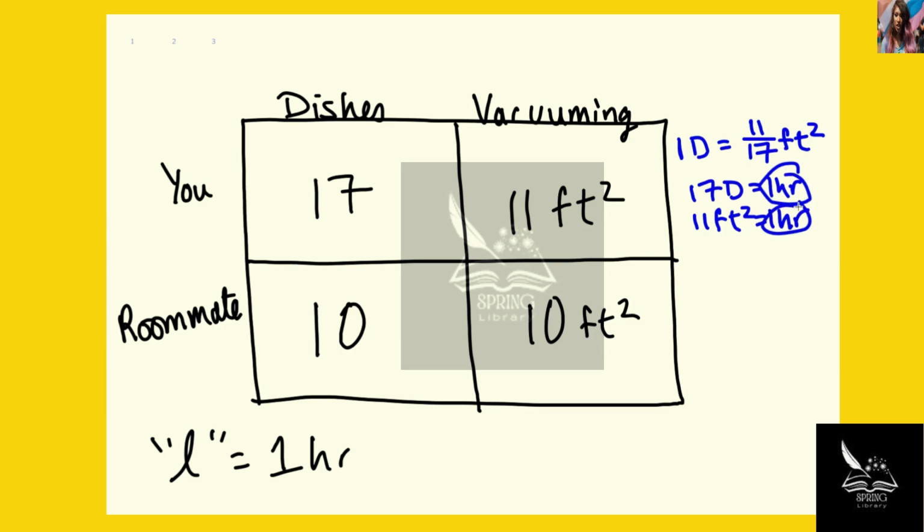And because they both equal 1 hour, we can set them equal to each other: 17 dishes equals 11 square feet. And when we divide to just get one dish, we divide both sides by 17. So 1 dish equals 11 square feet over 17. So one dish is equal to this.